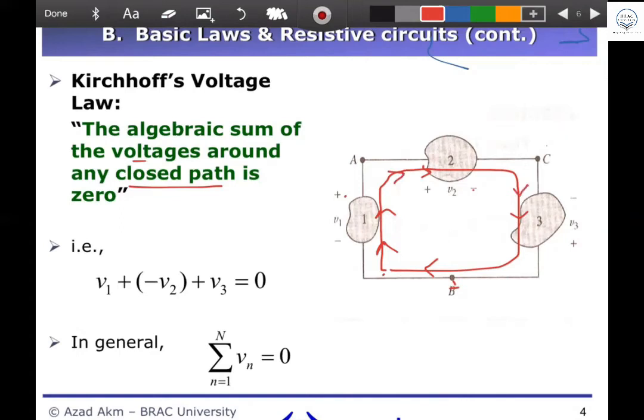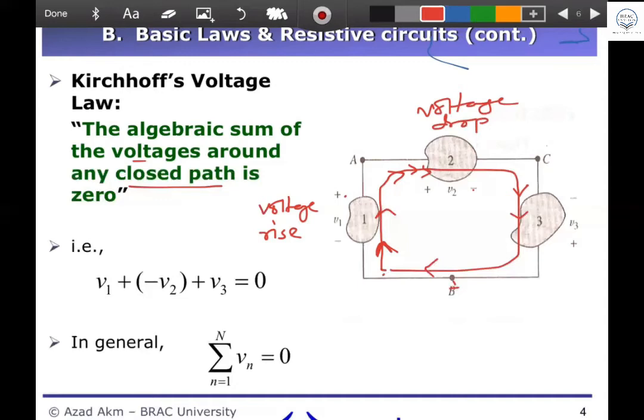When you go this way and negative comes first, we call it voltage rise. And when positive comes first, then negative, it is called voltage drop. By that definition, V3 will be what?